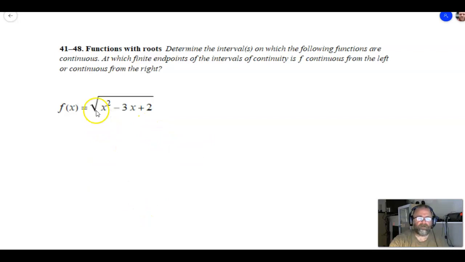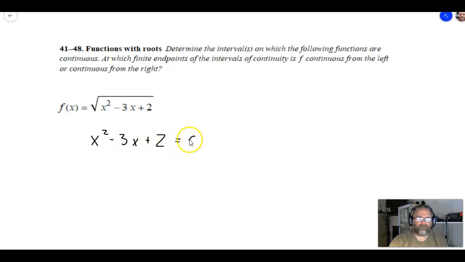So what I want to do is find out at what values this thing is positive and what values this thing is negative. So let's go ahead and set the inside equal to 0, because that will tell me the points at which it changes from positive to negative.